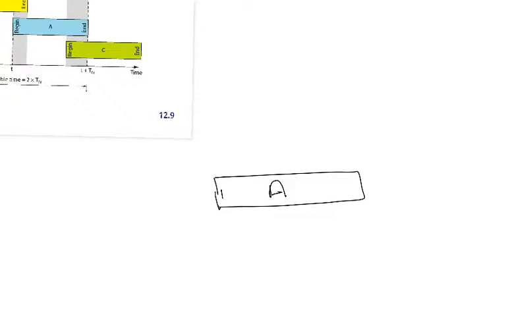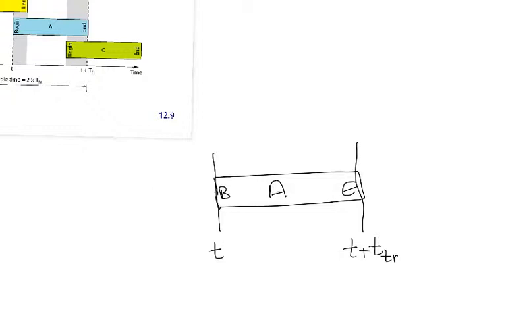So this is the beginning of the frame and this is the end of the frame. So if node A sends at time t, the node will spend a time equal to the transmission time, which makes this time t plus t transmission.